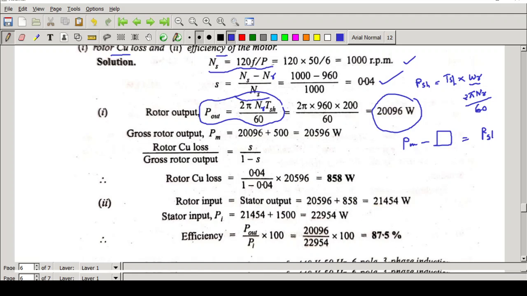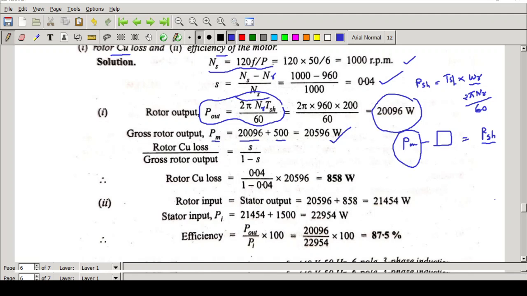So in order to get the value of this gross mechanical power, add these losses to this one, Psh. Okay, so that is what is done here. Pm is equal to Psh plus windage and friction losses. Then you will get the value of Pm.